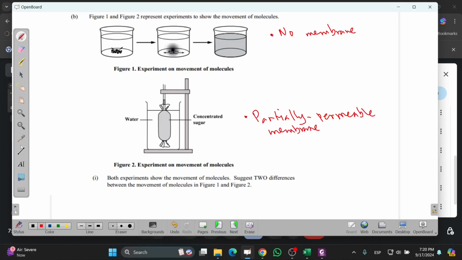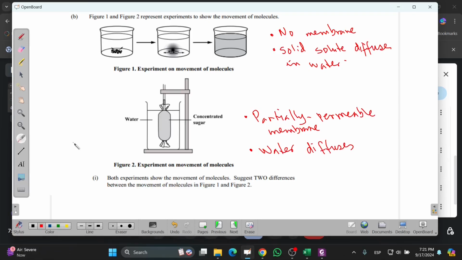The other difference is that the particles that diffuse here is a solid, right? So this is a solid solute that diffuses, right, in water, let's say. And here it is water, right, that diffuses.